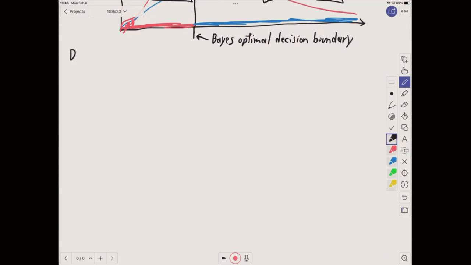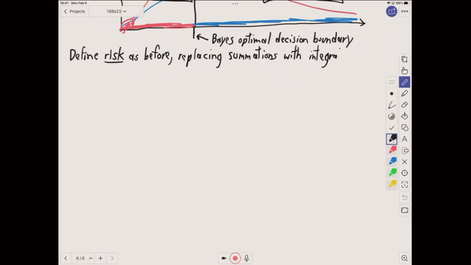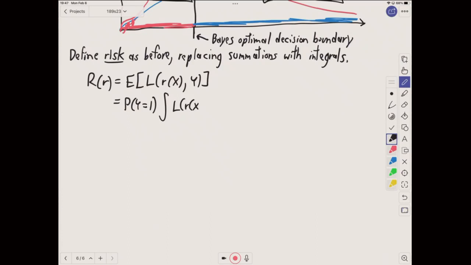I'm going to move on because I don't want to run out of time. We are going to now define risk the same way we defined it before, except, as I said, wherever I had a summation before, now we need an integral. Hopefully this looks kind of familiar from earlier in the lecture.